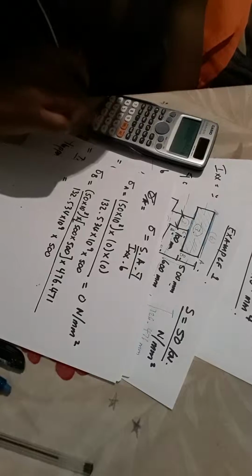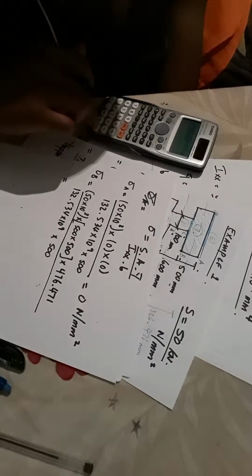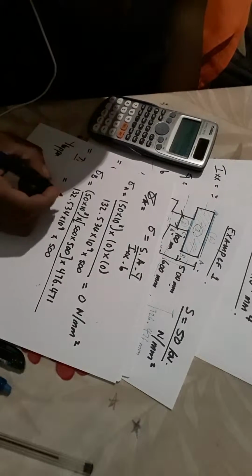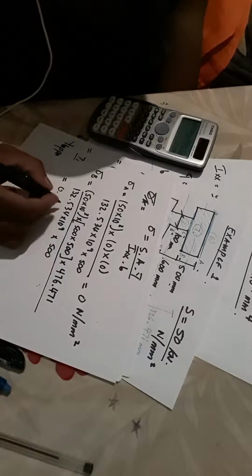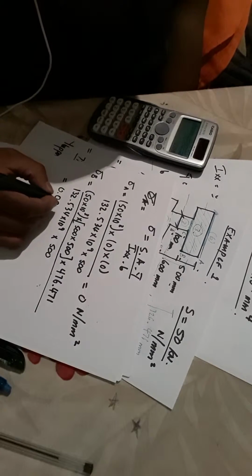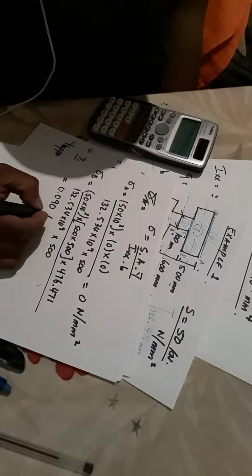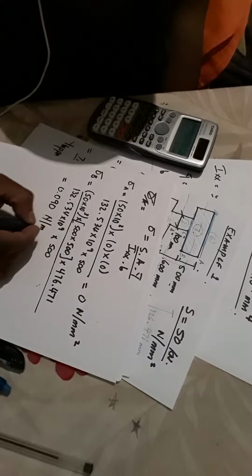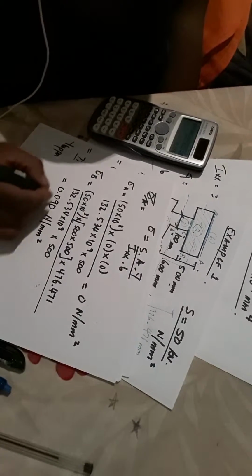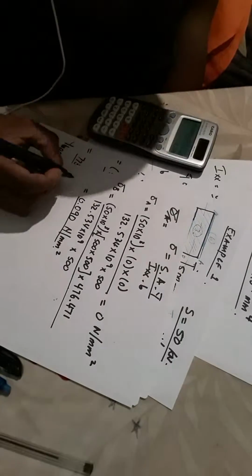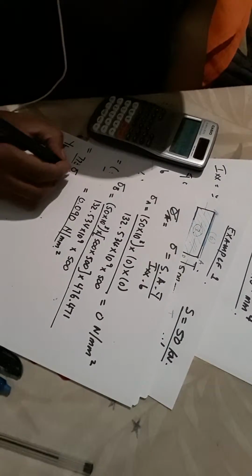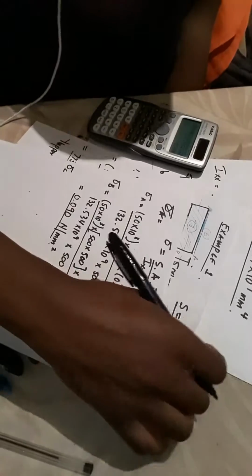So if you punch our calculators, we get 0.090 newtons per millimeter squared. And then we move on to shape C.